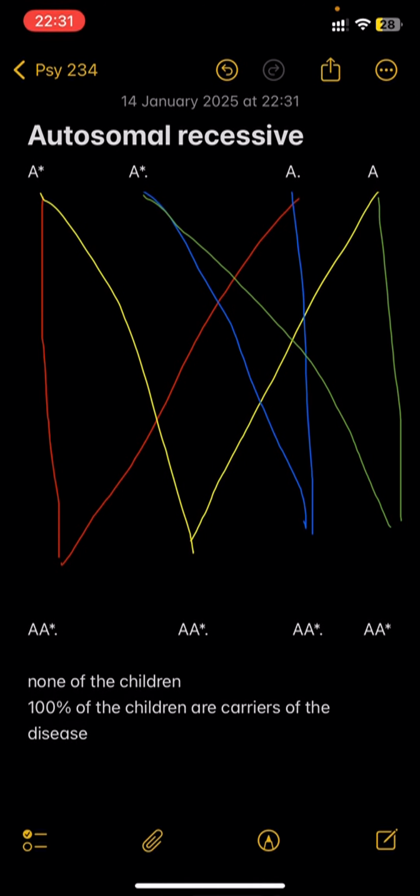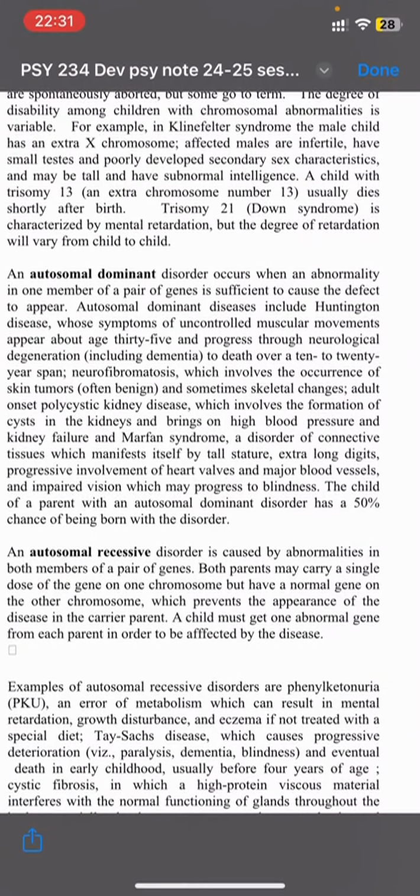I hope that makes sense. So if someone that is pure or that has normal genes marries someone that is defective or has the full disease, if the disease is an autosomal recessive disease, there's no risk of the child being born with the disease, but all of the children will be carriers of that disease.